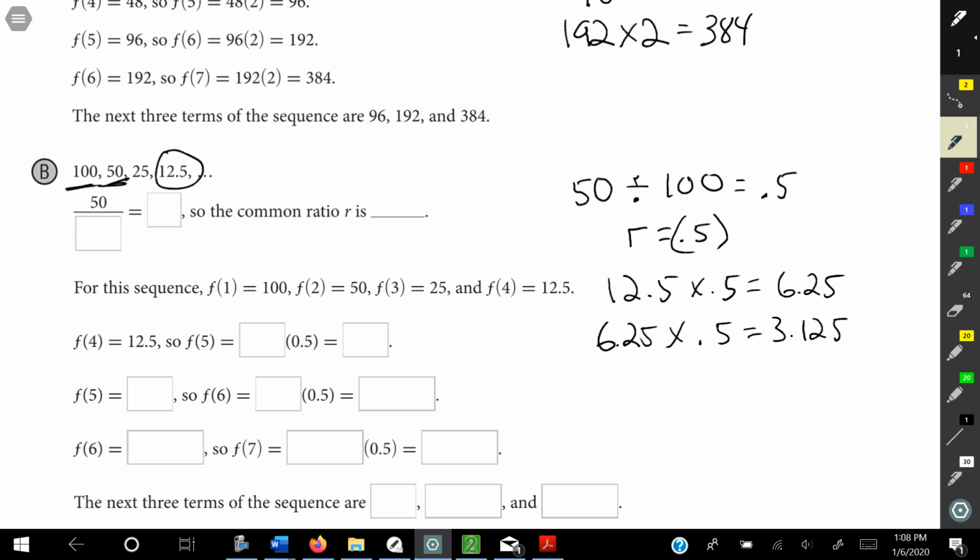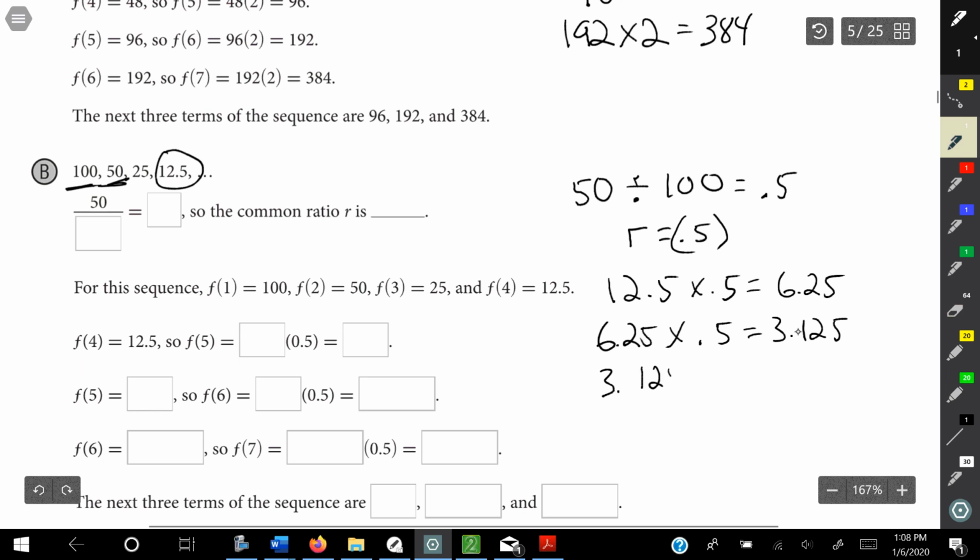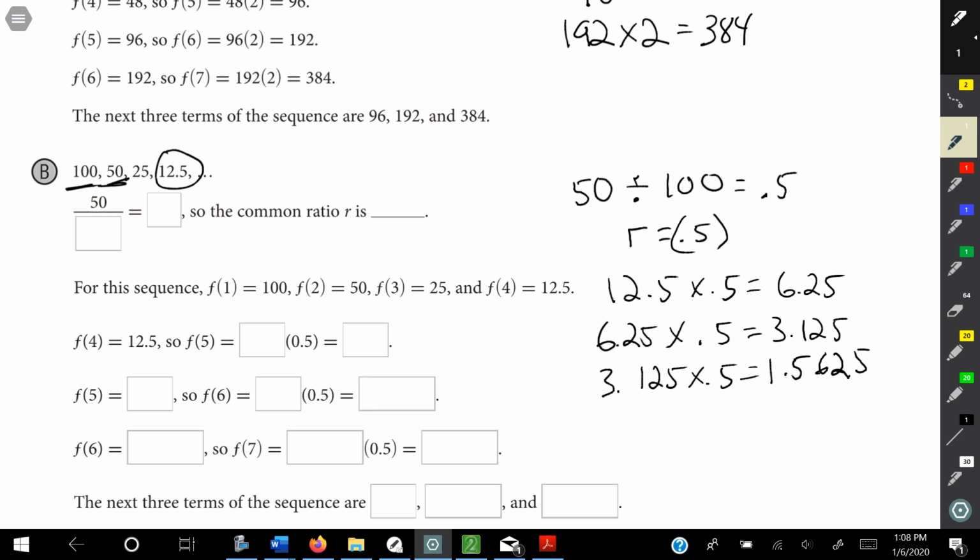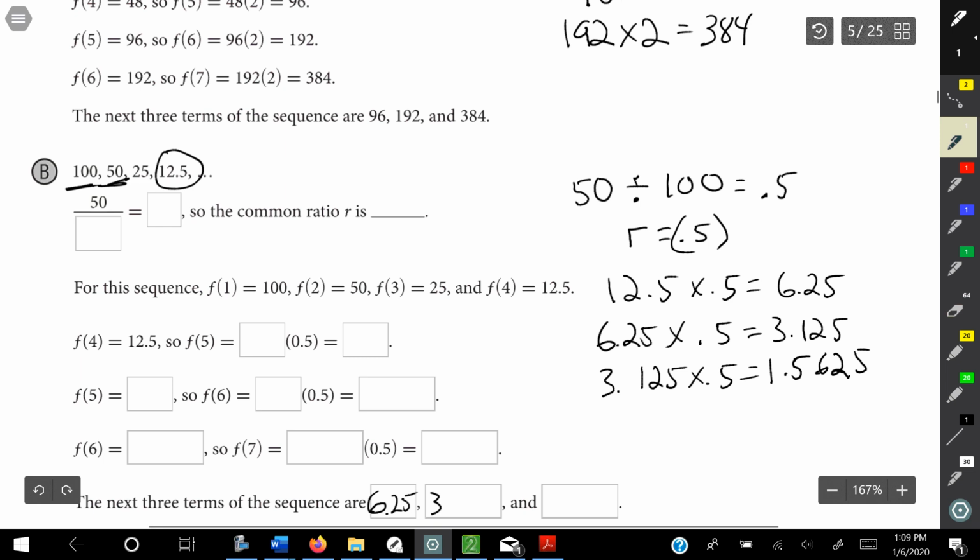Then I'm going to take the 3.125 and multiply it by 0.5, and that's going to give me 1.5625. So the next three terms are 6.25, 3.125, and 1.5625.